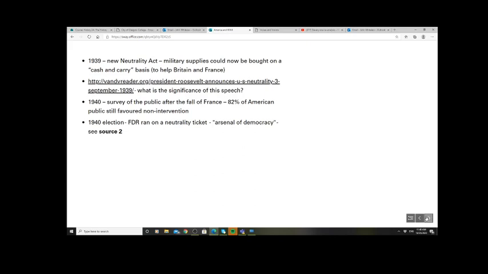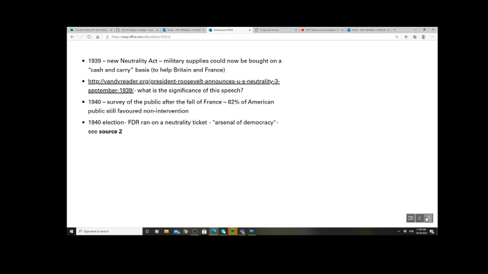So what FDR is really telling the American people is, look, we're going to help Britain and France because we are the same as them, and we are very different from Germany, and we have to always be ready to act and be prepared to get involved in this war, because if Britain and France fail to stem the tide of this Nazi blitzkrieg, and by 1940 France have failed to stem the tide, then where does that leave America?